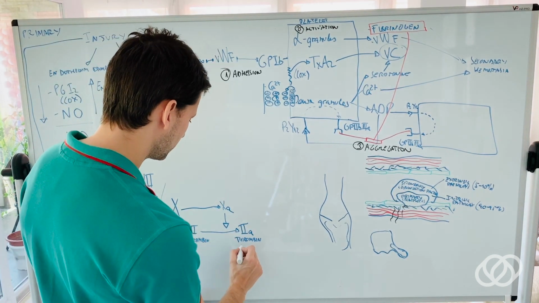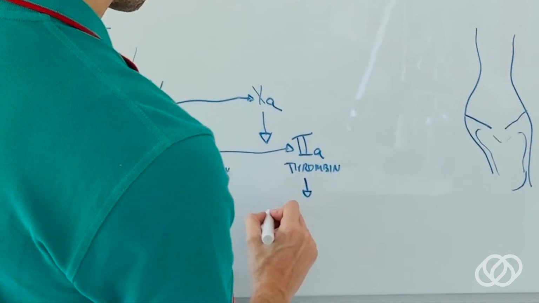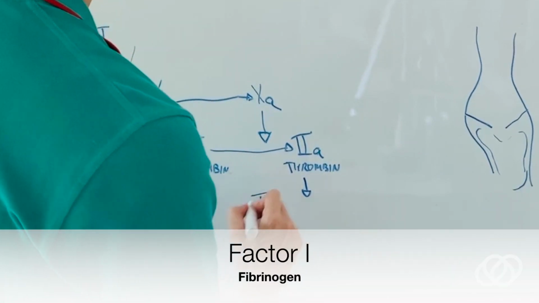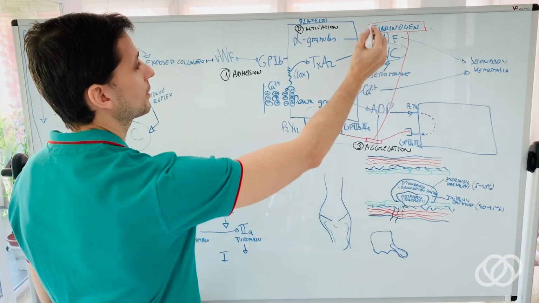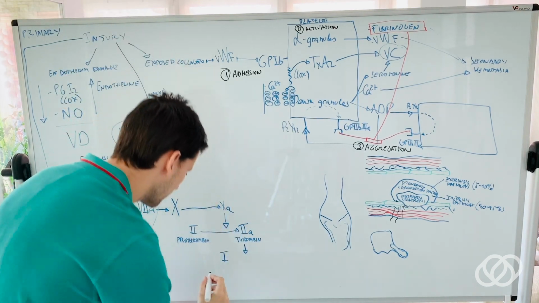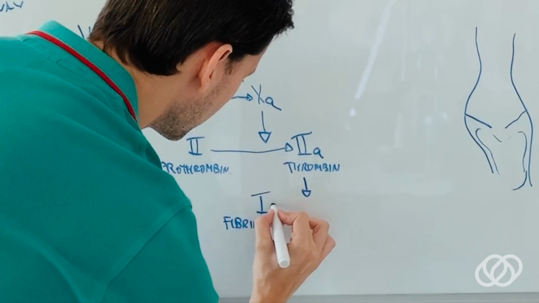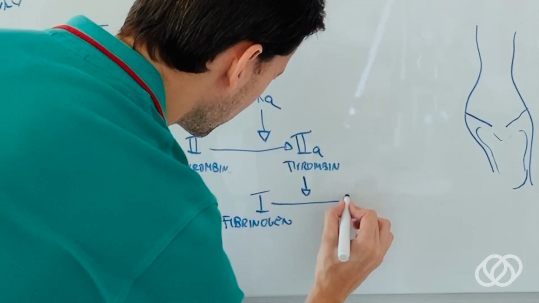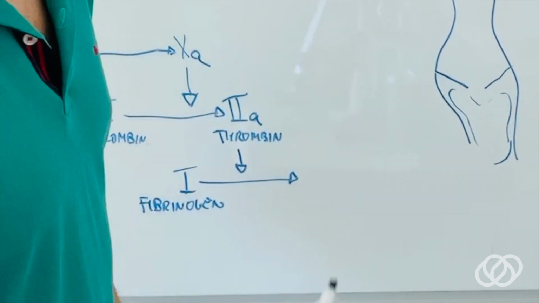This thrombin will activate factor 1. Factor 1 is fibrinogen. Remember the fibrinogen that we have in the primary hemostasia? Yeah, we have fibrinogen. It will turn into activated factor 1, which is called fibrin.